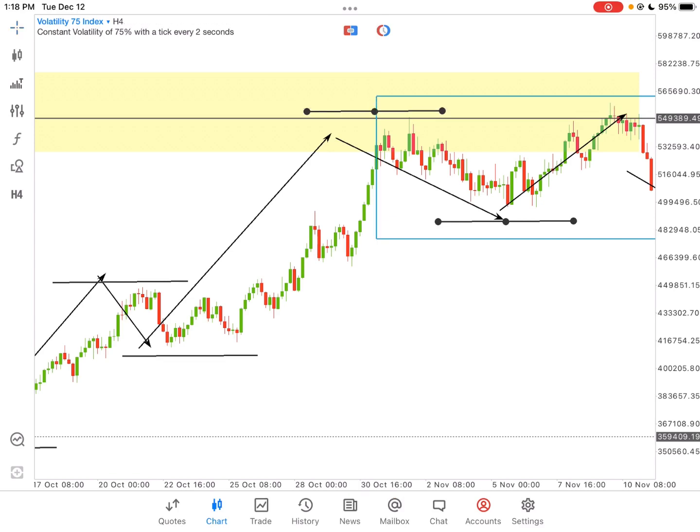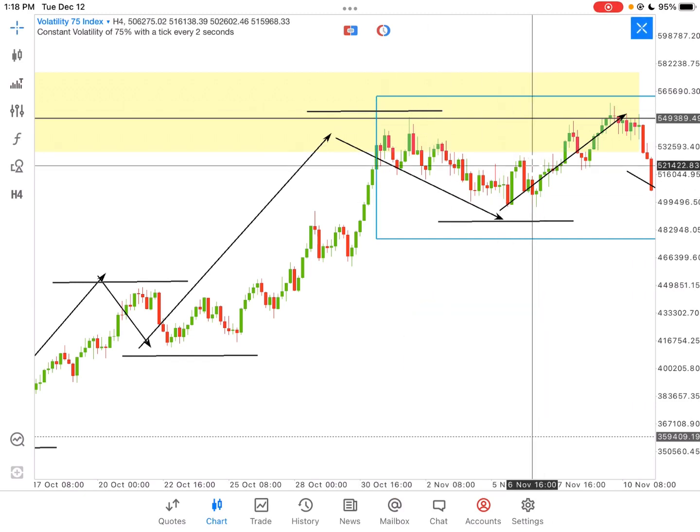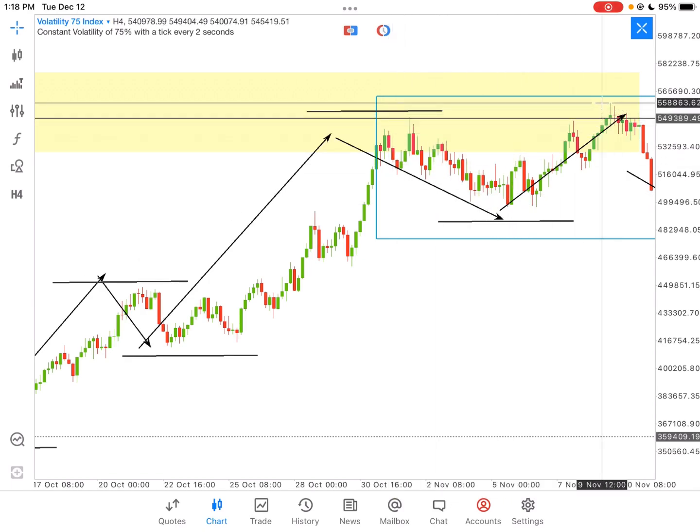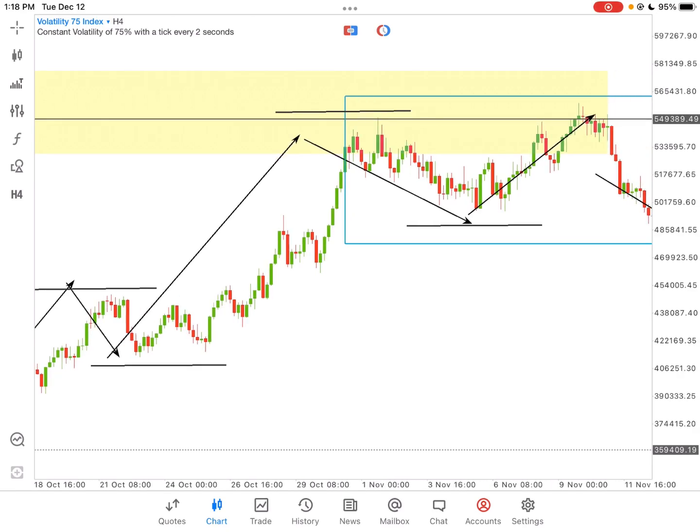So you have to have your zones marked out, which is a topic for another video of entries and stuff. So I won't be having that here. So when you're buying, you just want to have higher highs, higher lows, higher highs, and higher lows.